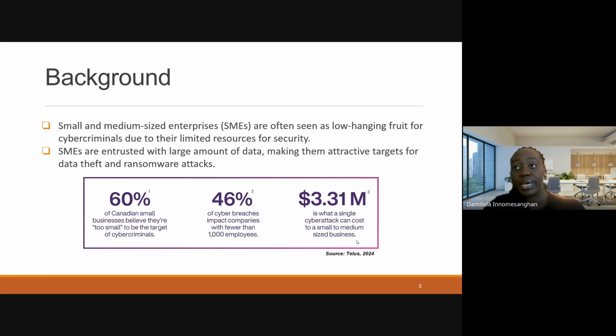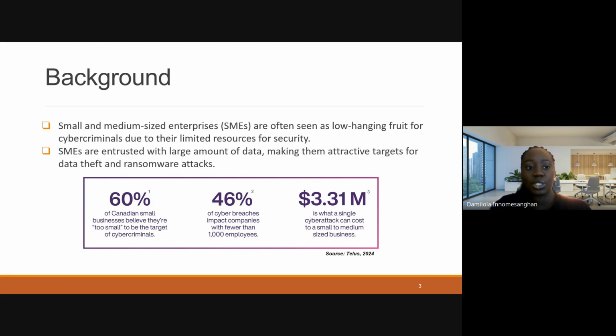While conducting our research, we found a recent study by TELUS showing that about 60% of Canadian small businesses believe they are too small to be targets of cyber criminals. However, the same study showed that 46% of the recently reported breaches impacted small and medium-sized enterprises with fewer than 1,000 employees.